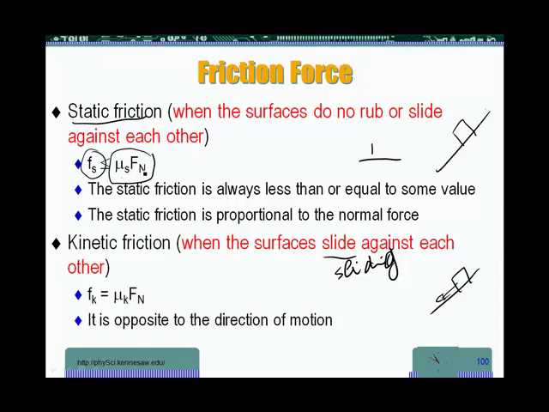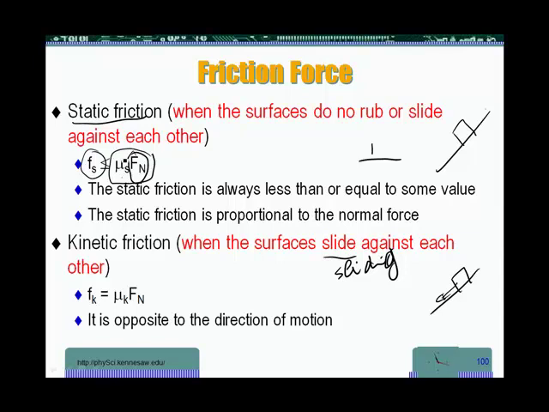It does not have a unique value. That's one item. Now the other thing, the F sub n, tells us the static friction force is going to depend on the contact force between both surfaces. When two surfaces are in contact, they exert forces on each other. And the bigger that force is, the bigger the friction force.